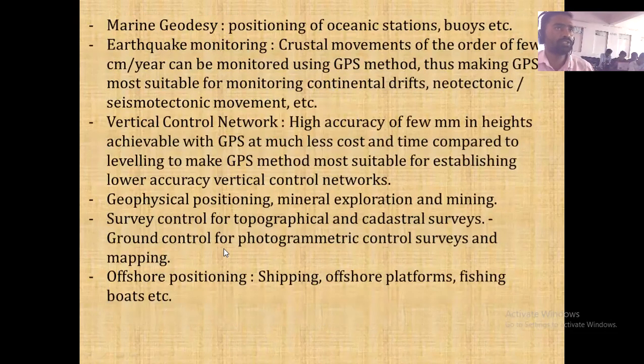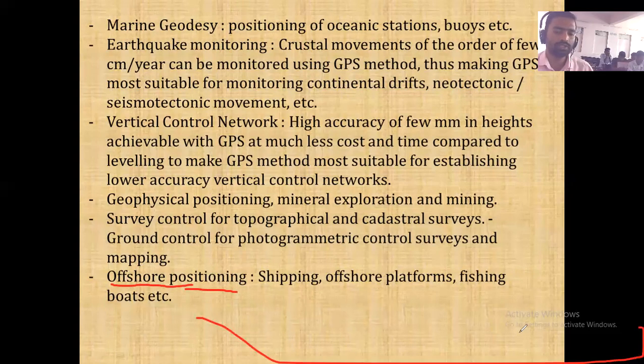Then in marine geodesy they are using it, in earthquake monitoring, vertical control networks, geophysical positioning systems, and offshore positioning. Offshore means when you are in the sea, on a ship, surrounded by water.